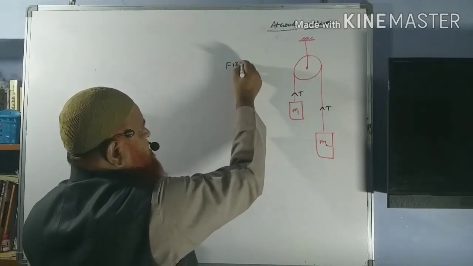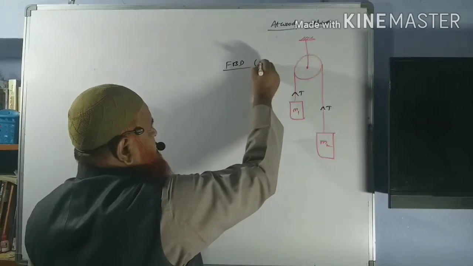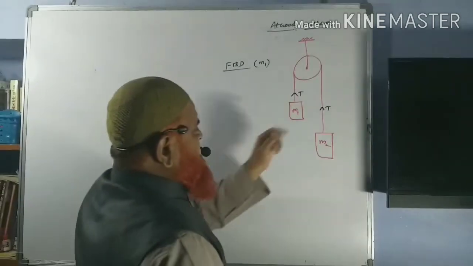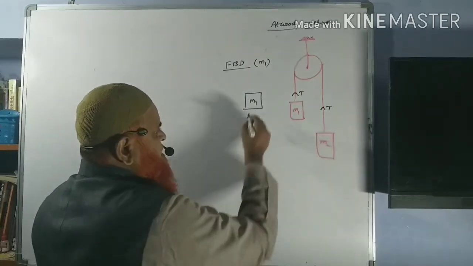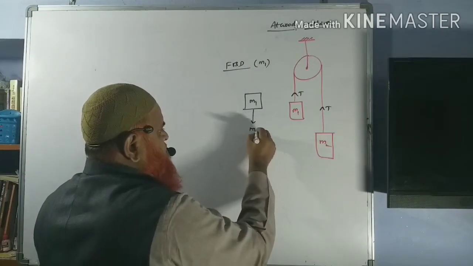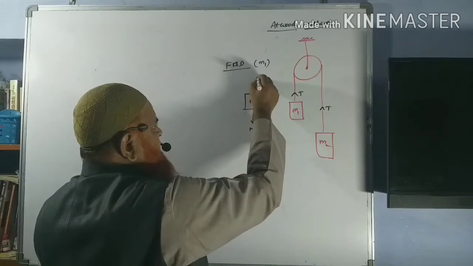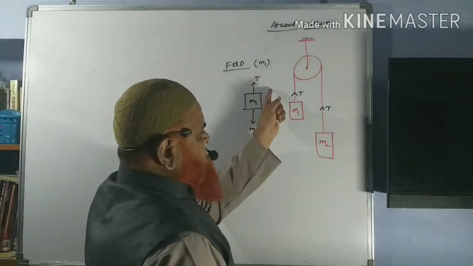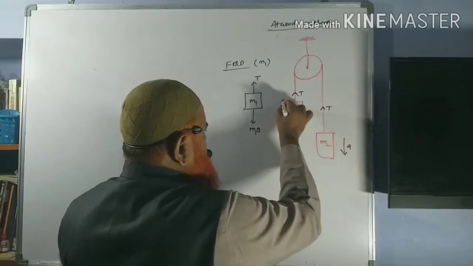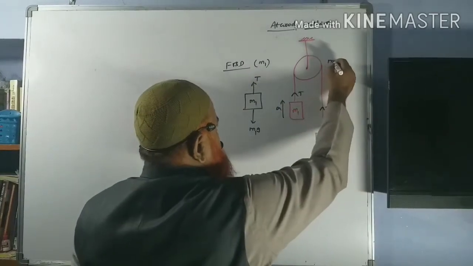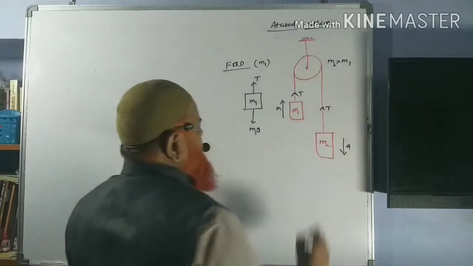What is the free body diagram for mass m1? If you observe, how many forces are acting on this mass m1? One is m1 into g acting downwards and tension T acting upwards. This block is moving down and this is moving up, because m2 is greater than m1.